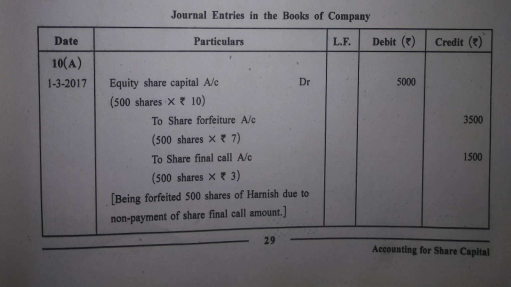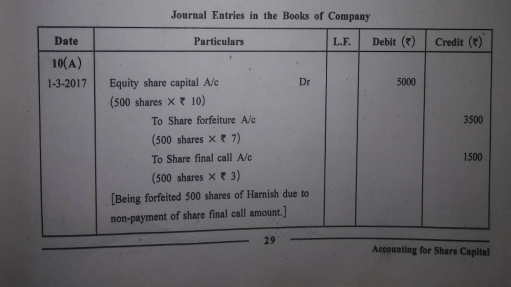And this journal entry is also about a forfeiture of shares of Mr. Harnish. Yes, he was having 500 shares, 10 rupees each. He has paid 7 rupees. So the amount that is paid or the amount that is received by the company from shareholder is credited to share forfeiture account. Alright? Then the amount which is not paid, it is to share final call account.